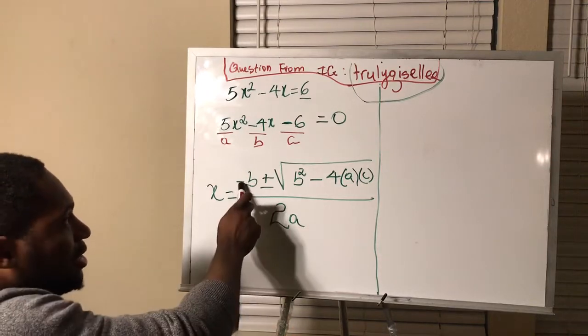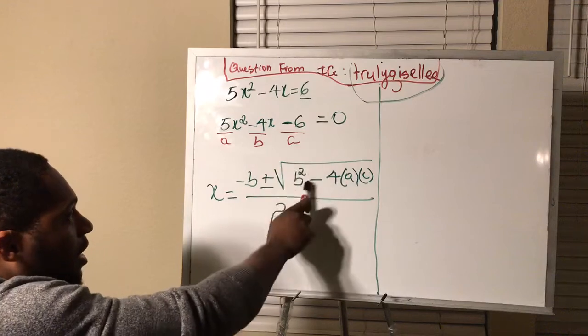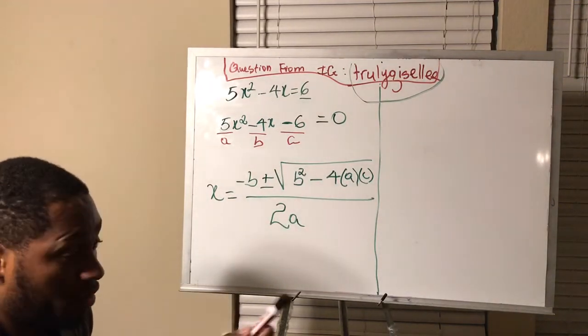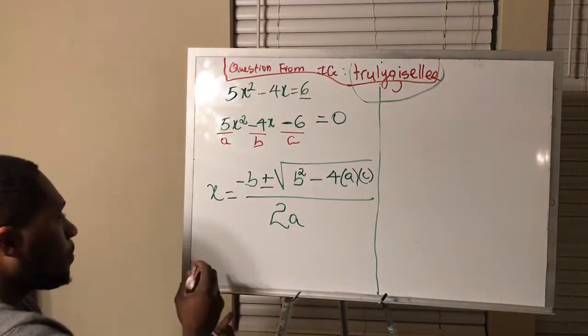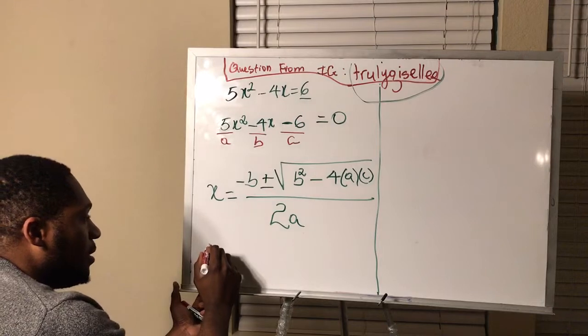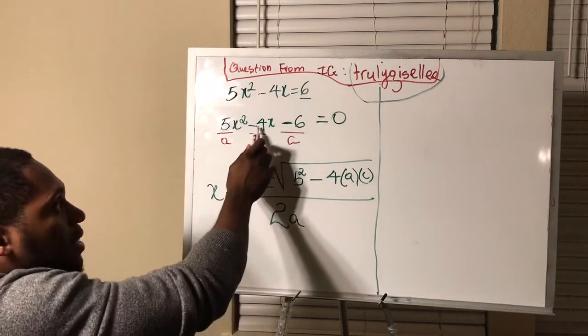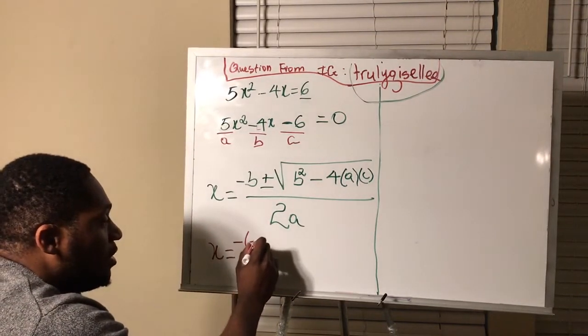So the B here is this part, the C here is this, the A here is here. We already have everything we need to solve this equation, so what we gotta do is just solve it. So x is equal to minus b. B is already minus 4, so we put minus 4.